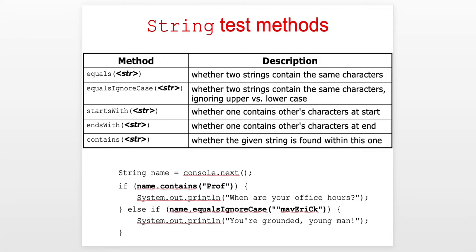Anyway, this means that no two strings that are created separately are actually the same string, even if they contain the same content. So when you do a double equals, you're really comparing whether the two objects are the same, not whether the two objects contain the same content. And so when we're checking for content equality, we really have to use dot equals.